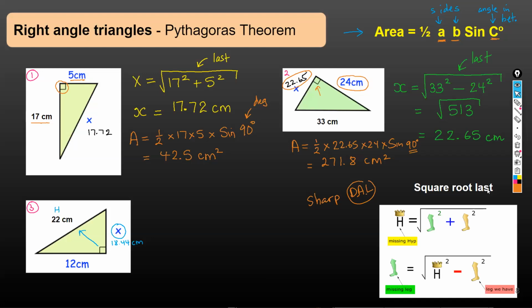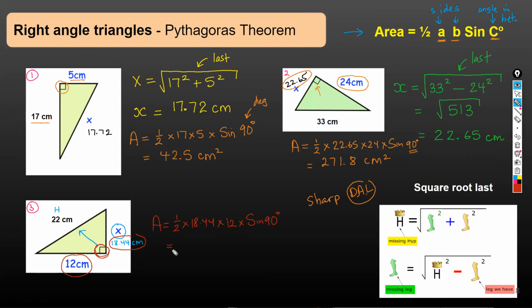All right. So for the third triangle, the two sides we're forced to choose are the 12 and the 18.44 because the 90 degrees, or the given angle, is in between those two sides. So to find the area, it's a half multiplied by 18.44 multiplied by 12 multiplied by sine 90.